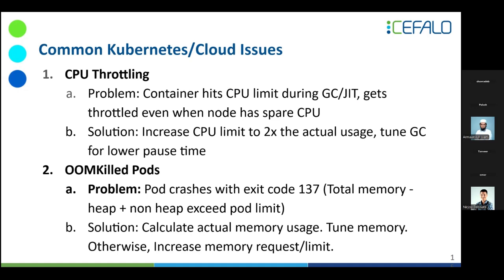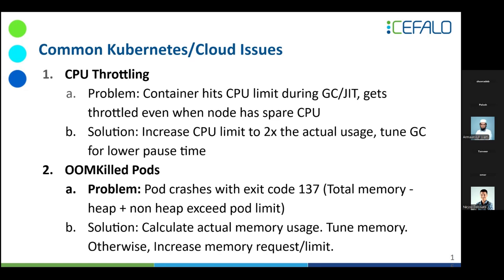Next, I'd like to talk about some common Kubernetes or cloud issues that we face often. One is CPU throttling. In Kubernetes or any kind of orchestration, we provide CPU and memory requests and limits.